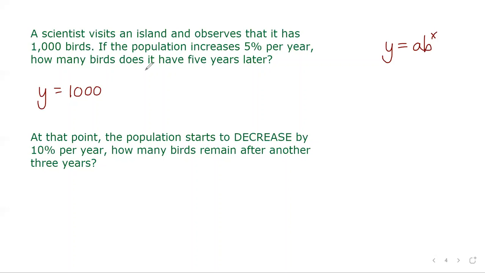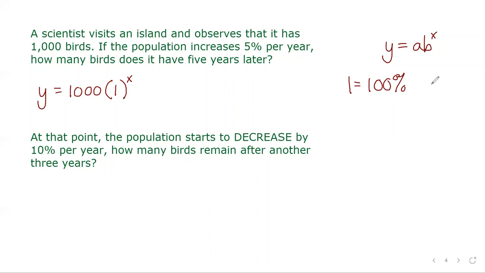When we talk about growth or decay rates or multipliers, we are always assuming that everything starts at 100%. Another way to think of that is if this population never changed, we would just multiply by 1 as many times as we wanted. And we know that the number 1 equals 100%.